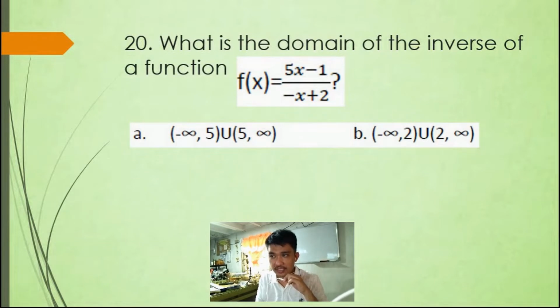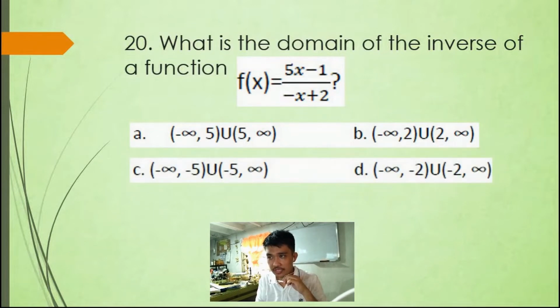Letter B. Negative infinity to 2 union with 2 to positive infinity. Letter C. Negative infinity to negative 5 union with negative 5 to positive infinity. Or letter D. Negative infinity to negative 2 union with negative 2 to positive infinity.